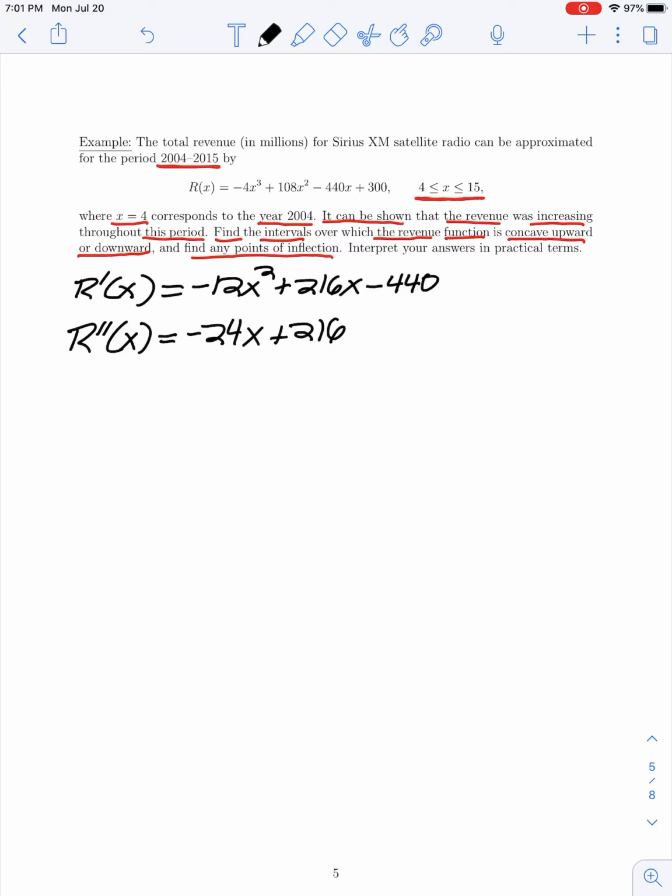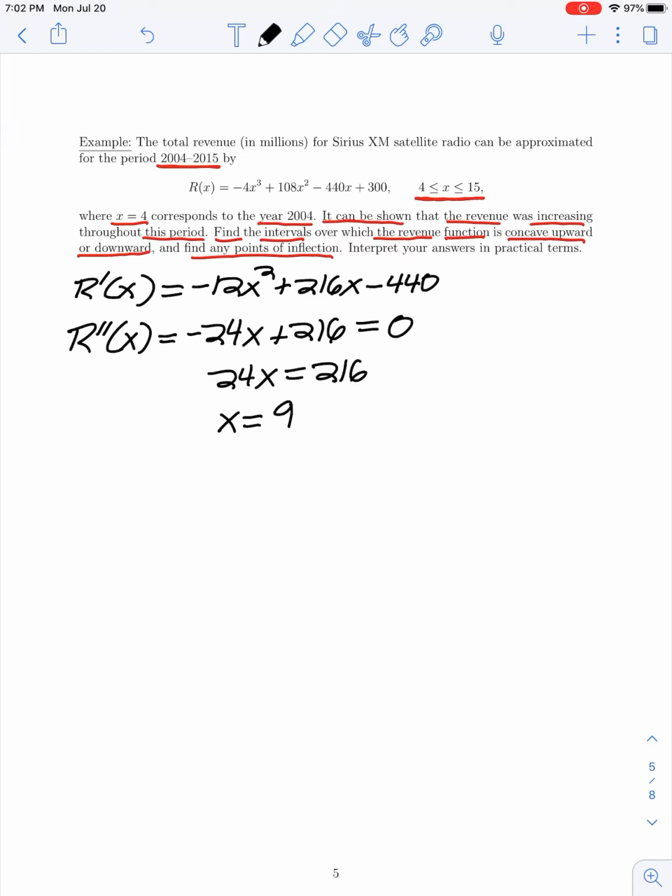So to determine where our second derivative is positive or negative, we need to first find the values of x for which this is 0. So this would give us 24x is equal to 216. So dividing by 24, x is equal to 9.